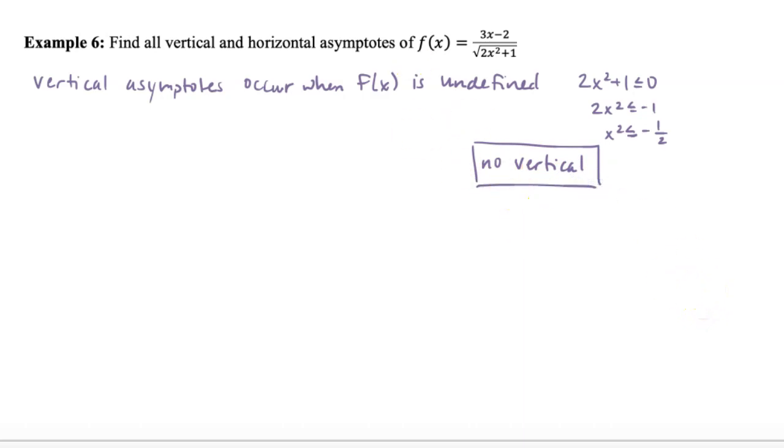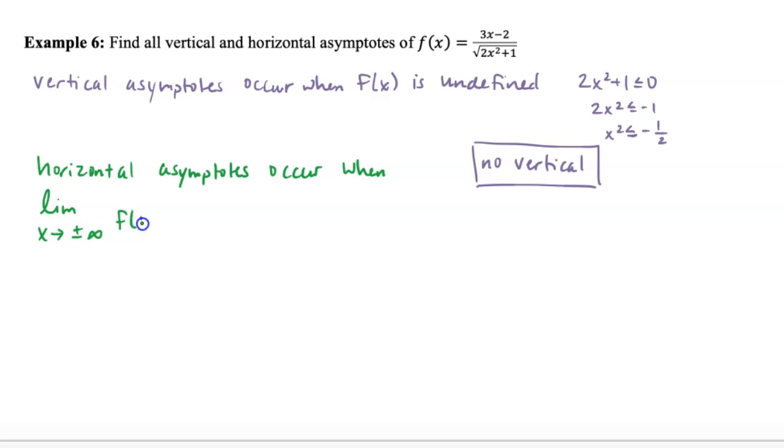So now for the horizontal asymptotes. Horizontal asymptotes occur when the limit as x approaches either positive or negative infinity of this function exists.